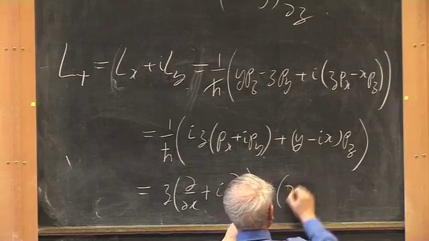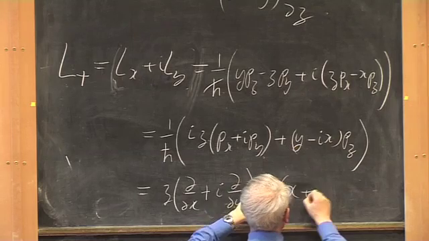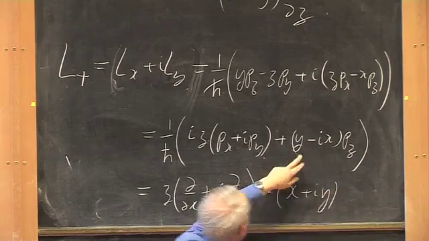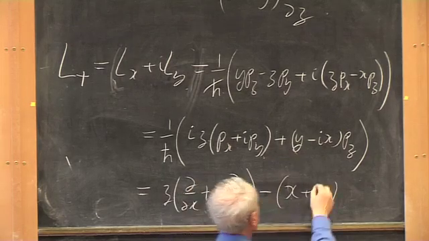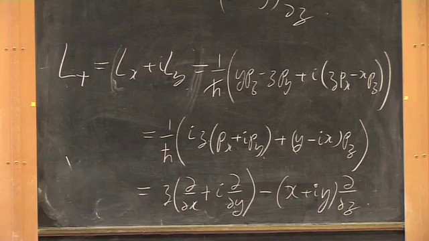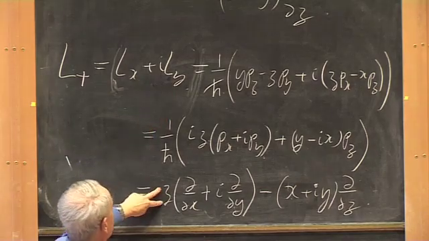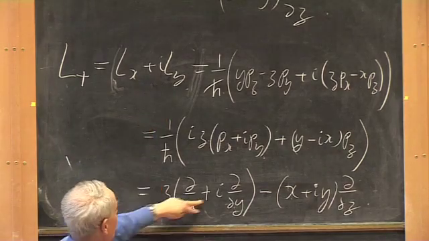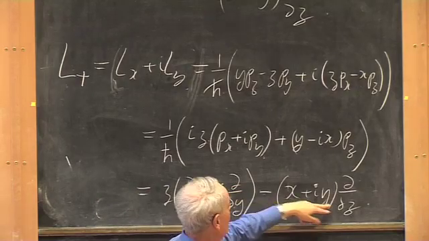So we get a minus x, and this is going to be plus iy, because there's a minus i here, and there's the minus sign, and here's the i, d by dz. And that, I hope, agrees with what we have written. It does, because r cos theta is also known as z. So we have z d by dx plus i d by dy, and here we have a minus x plus i y d by dz.